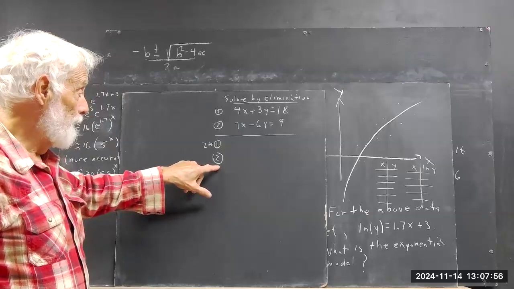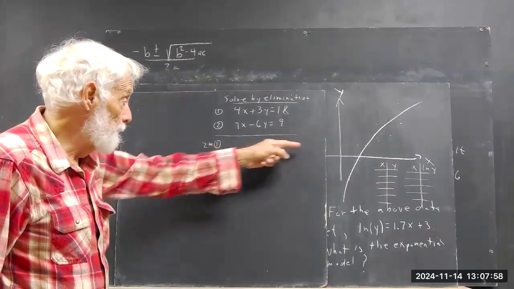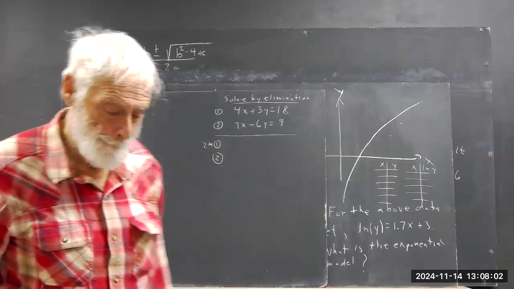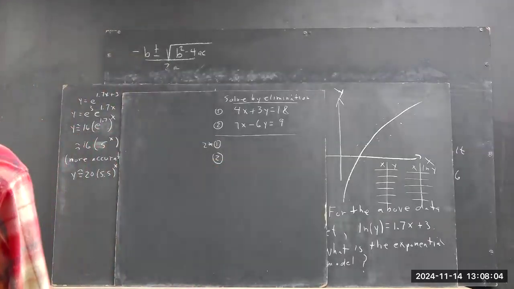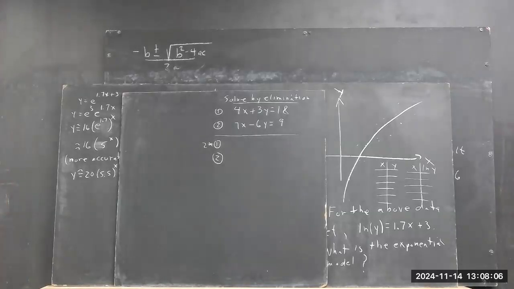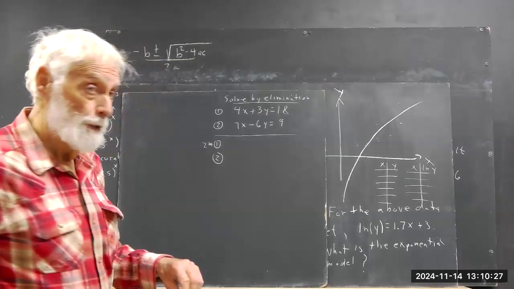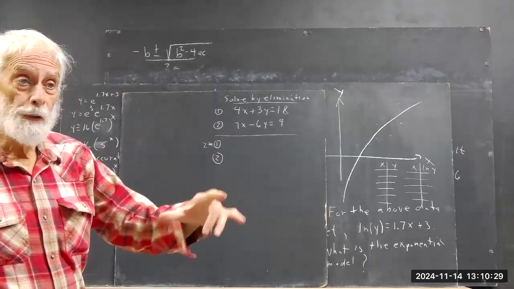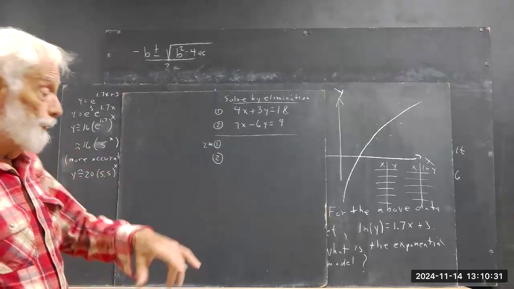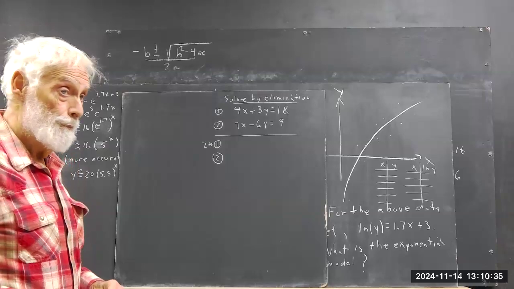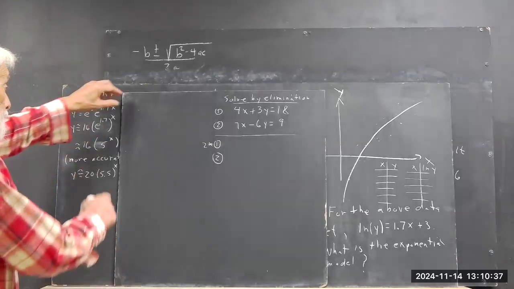Okay, and then write down equation 2. So 2 times equation 1 goes here, equation 2 goes here. Make sure everybody's on track. Go ahead and tune in to what I'm doing here. Off to the side, you can do 2 times equation 1.